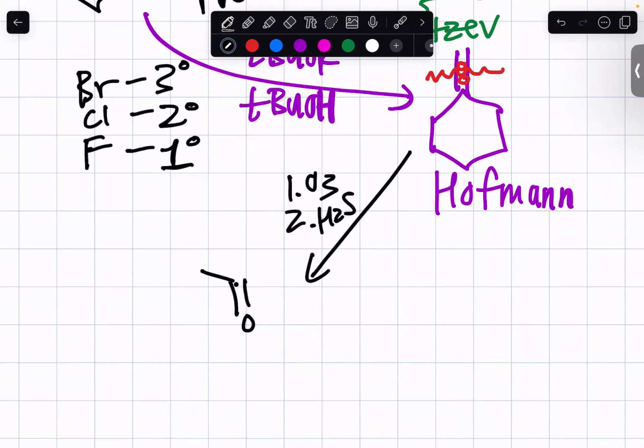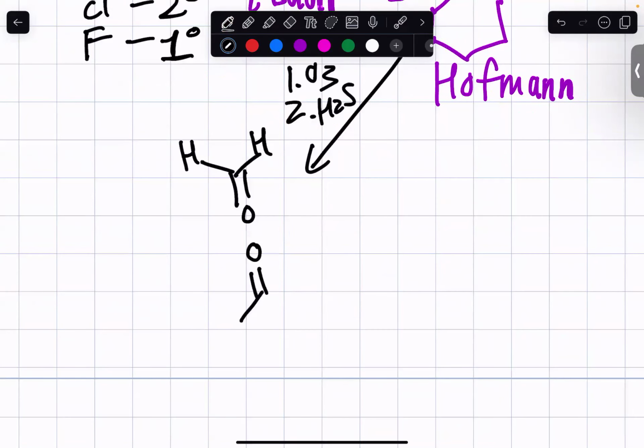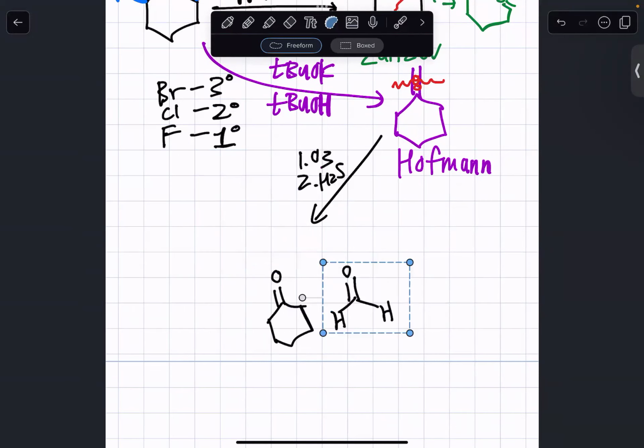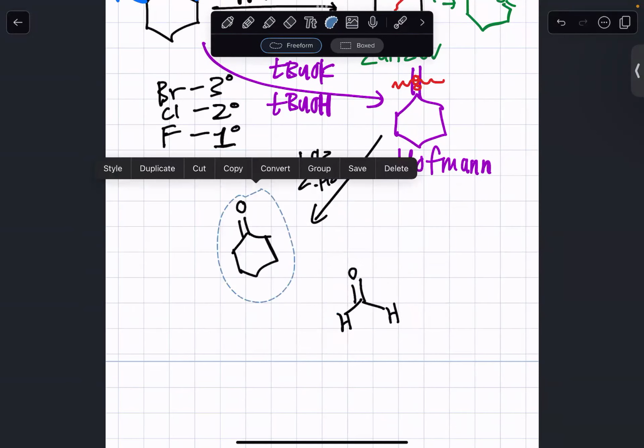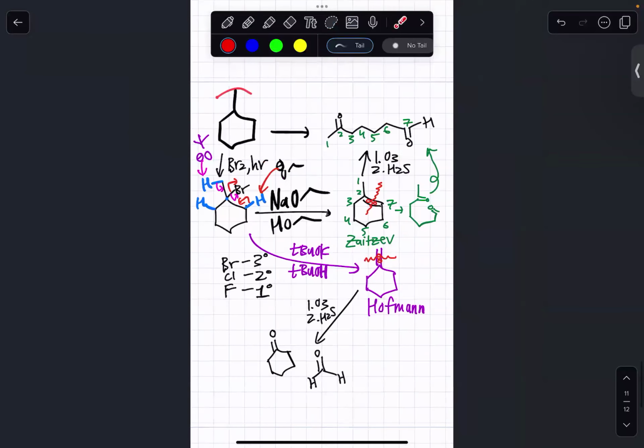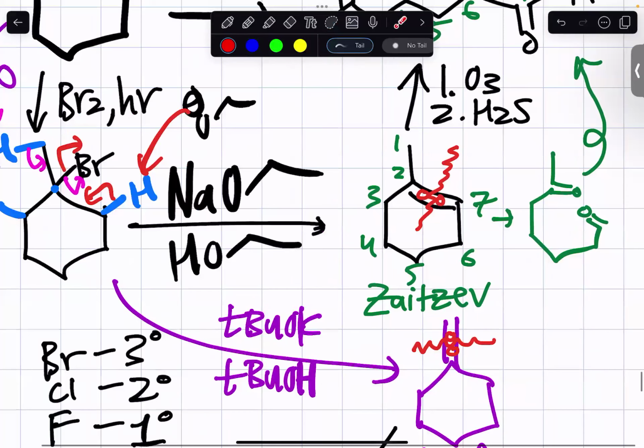In this case, we get two different products, the formaldehyde and the ketone on the ring. So if your synthesis problem gives you these two products from this reagent, this is the pathway you take using the Hofmann product by using the bulky base. But if you only have this one product here, we know that we want to make the alkene in the ring.